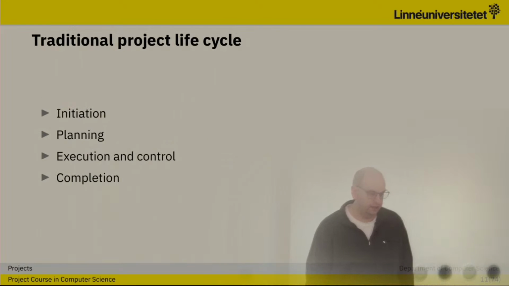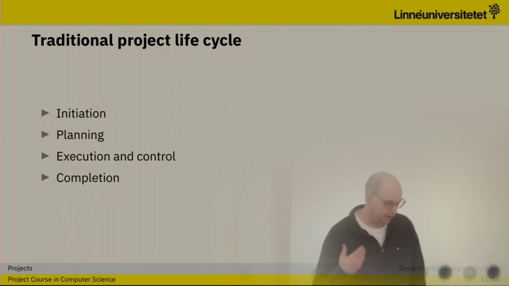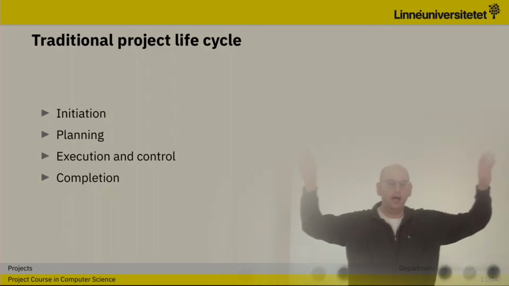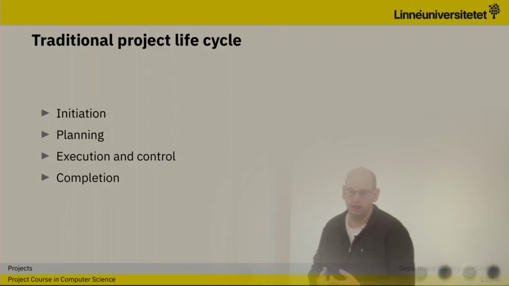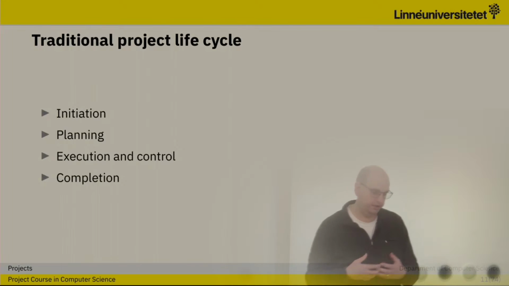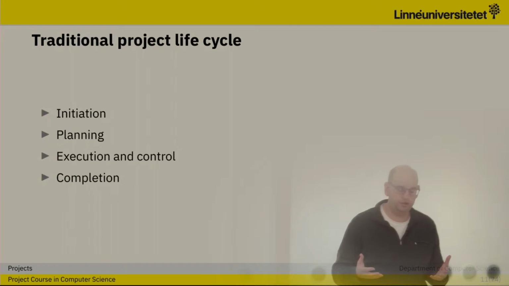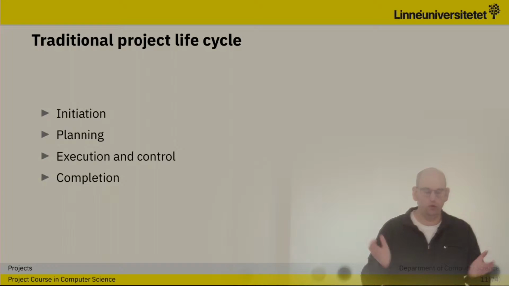If we have a look at the traditional project life cycle, we have initiation, planning, execution and control, and then completion. This is again on a high level. As someone working in a project, we start with initiating the project itself, meaning that we need to find out that this is what we're going to do.